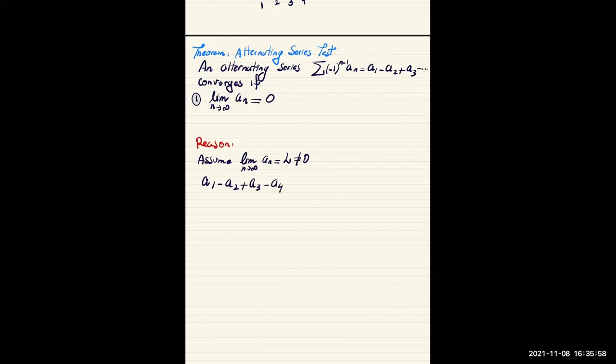So what happens is when you expand the series, you get a1 minus a2 plus a3 minus a4 plus. When you do this long enough, what's going to happen is that you are eventually going to get L's, minus L plus L minus L plus L, and so on. Okay, well, negative L plus L minus L plus L is not convergent.